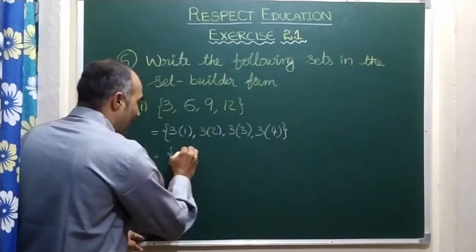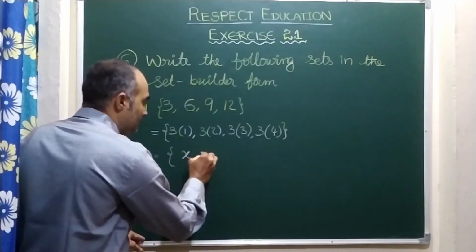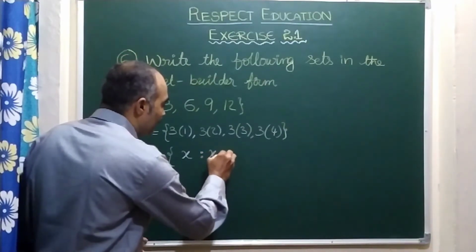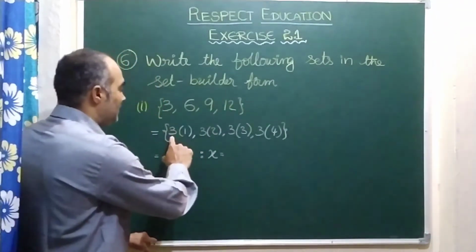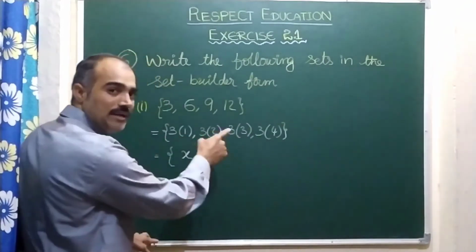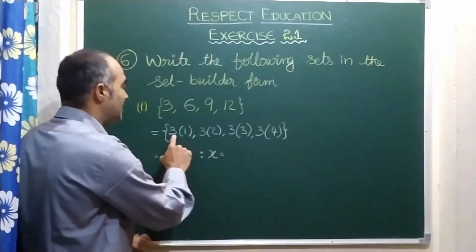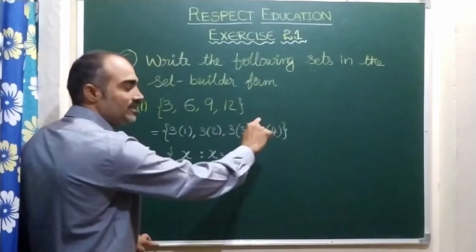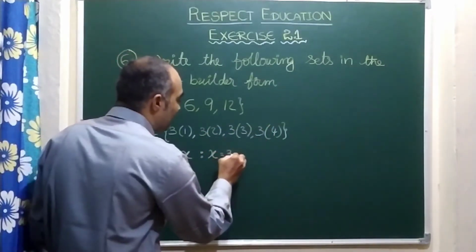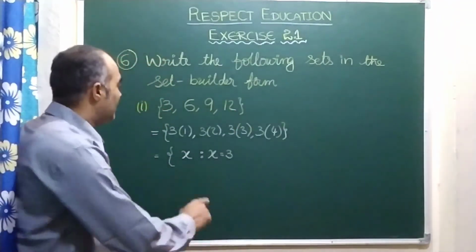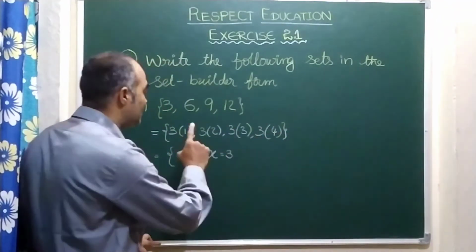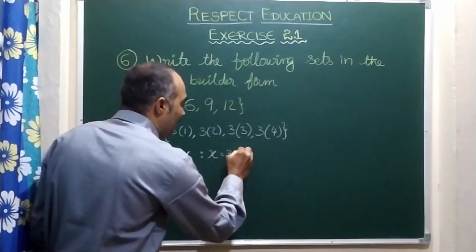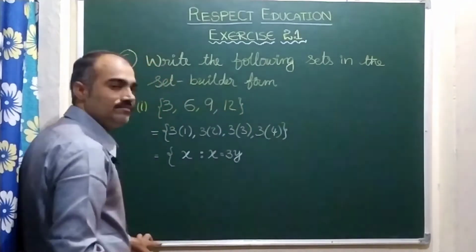Here x such that x is equal to, here observe, children, in the previous step, what is fixed here? You see 3, 3, 3, 3, that is constant. So let us write 3 as it is. Clear? Which values go on changing? 1, 2, 3, 4. So instead of that I'll take another alphabet called y.